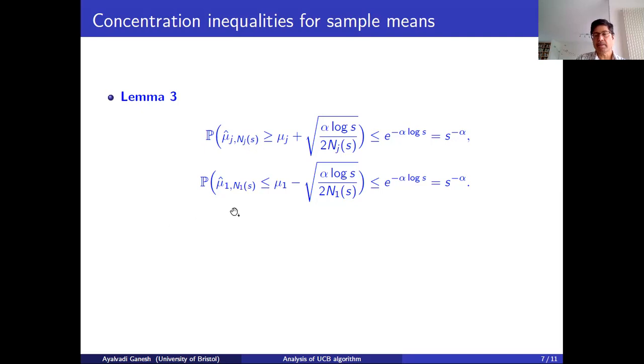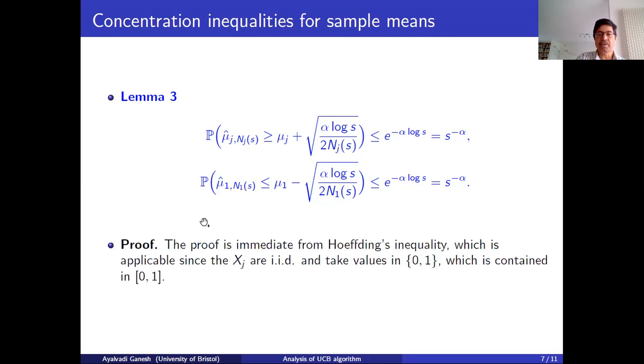And similarly here. Okay, so where do these inequalities come from? So how do we prove this lemma? This proof is again very easy. This is just Hoeffding's inequality. Recall that the rewards on the arm take values either 0 or 1, so they take values in the closed interval [0, 1].